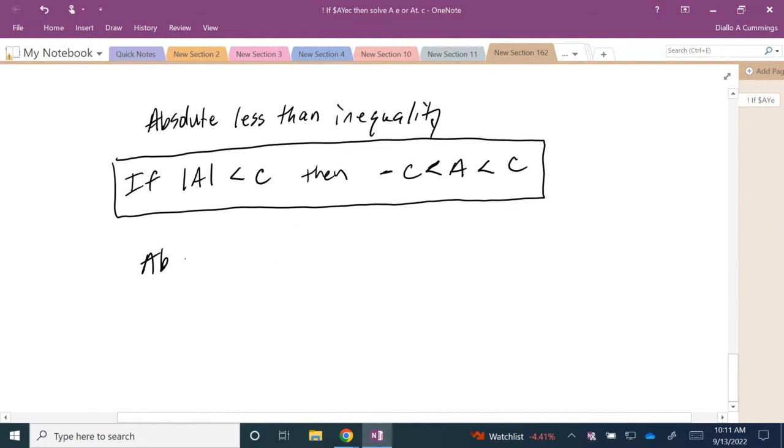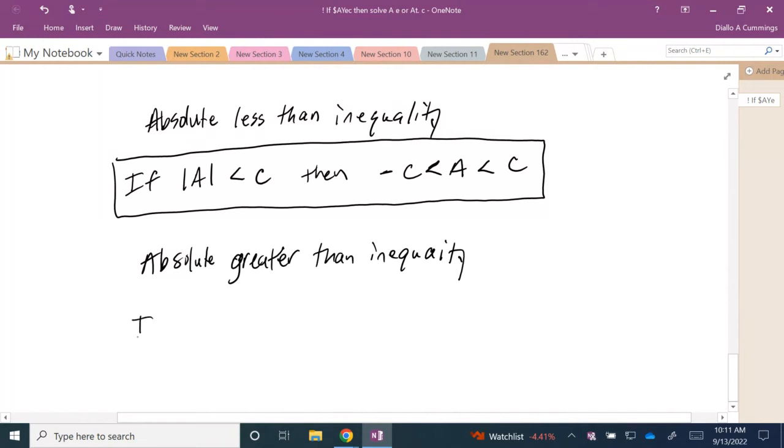Now we'll take a look at the absolute greater than inequality.